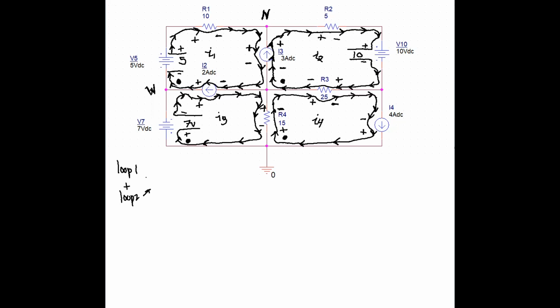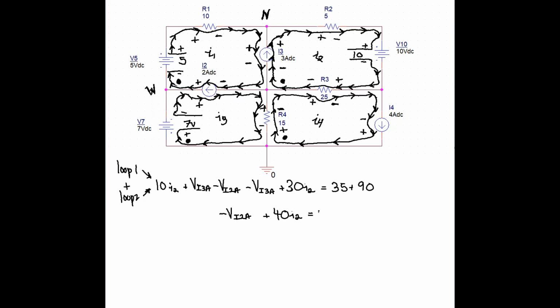So we can start adding some of these equations together to get rid of variables. There's nothing too complicated going on here. I'm just looking for opportunities where I can eliminate some variables. Here we're eliminating the voltage drop across I3 from the loop 1 equation and the loop 2 equation.